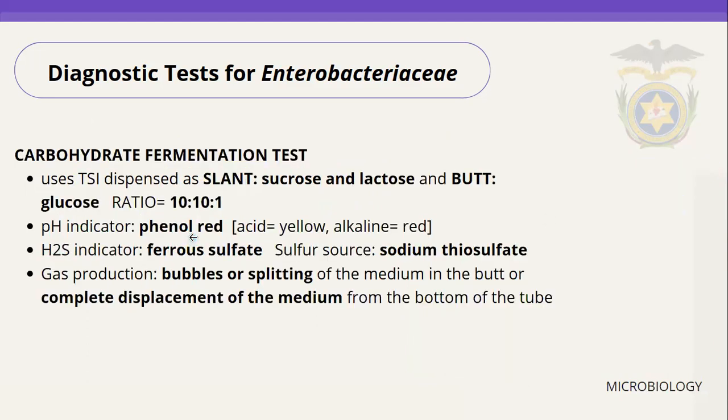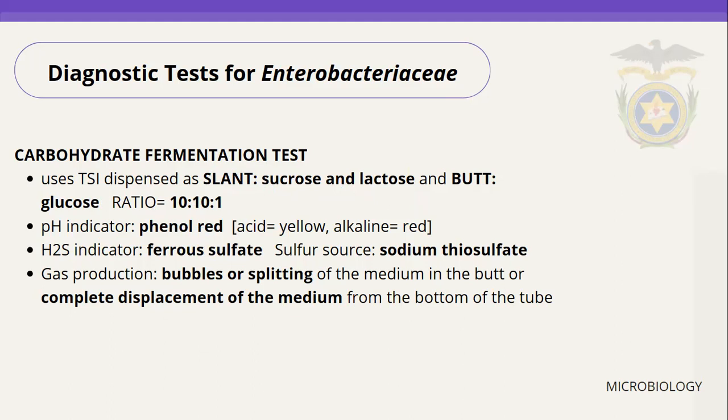So for the next test, we have our carbohydrate fermentation test, and it uses TSI, or triple sugar iron, dispensed as a slant. It has sucrose, lactose, and glucose, and the ratio of the sugars is 10 to 10 to 1. Our pH indicator here is phenol red.